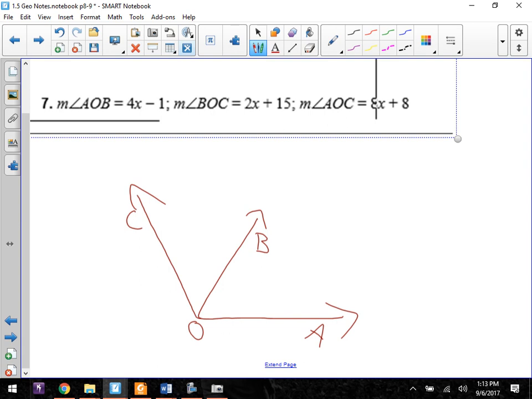It does not say anywhere that these things are equal. What it says is that angle AOB is 4x minus 1. Angle BOC, 2x plus 15. And the whole thing is 8x plus 8.